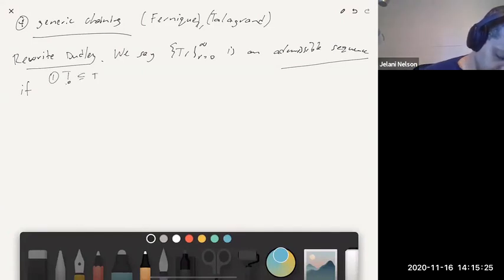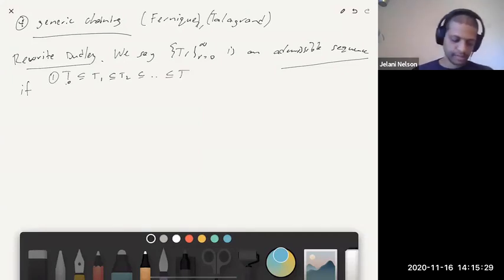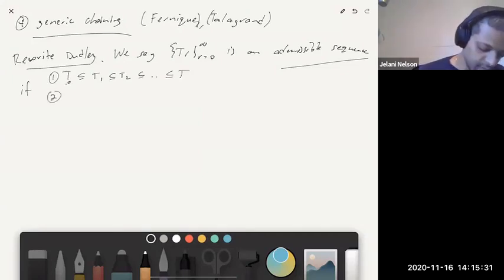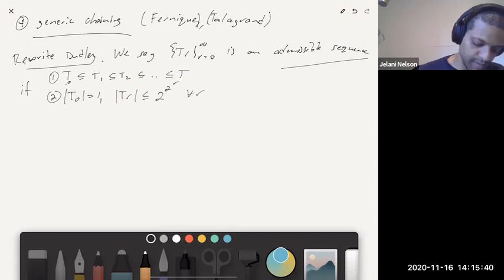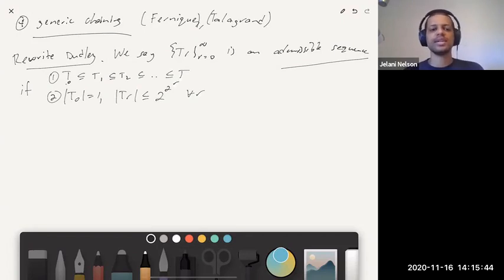T0 is a subset of T1, is a subset of T2, is a subset of T. And also T0 has size 1, and T_r has size at most 2 to the 2 to the r for all r. And so we're going to look at all sequences of sets that look like this.